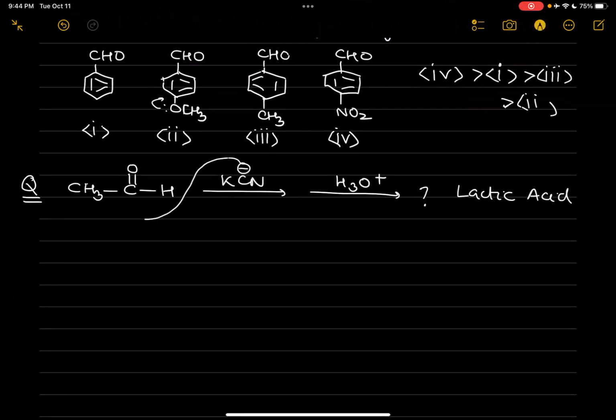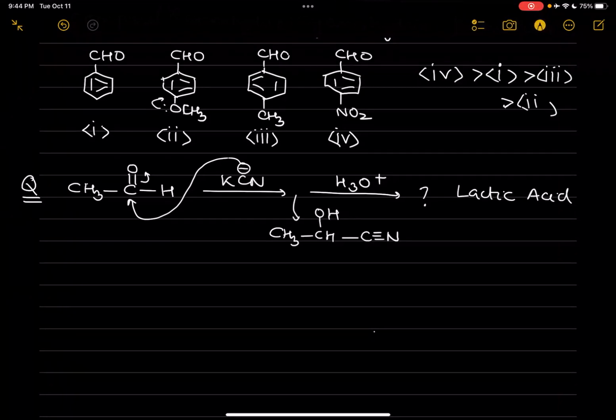So CN minus is going to come and join. So what you are going to get, CH3, CHOH, and CN. This is the cyanohydrin. Up to here, is it clear?